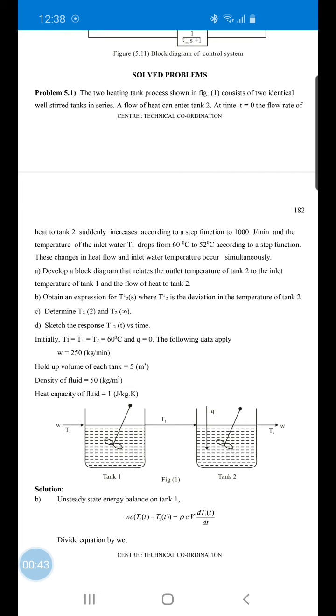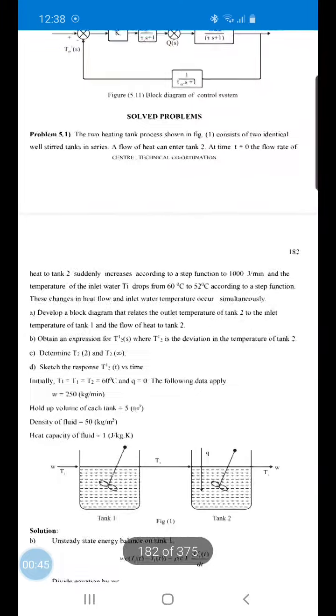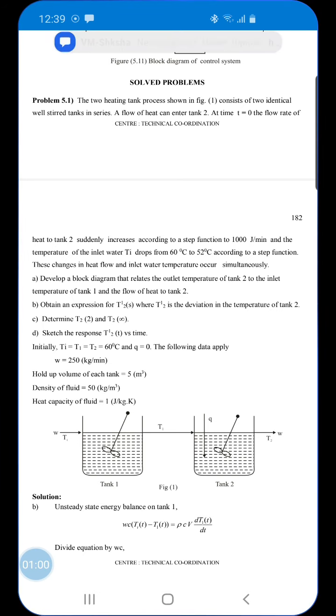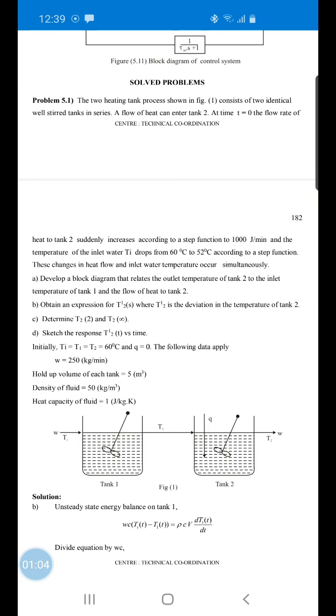So first we are going to discuss problem 5.1 on page 181, which is a problem of two heating tank processes connected in series. A flow of heat enters tank 2. It does not enter tank 1.